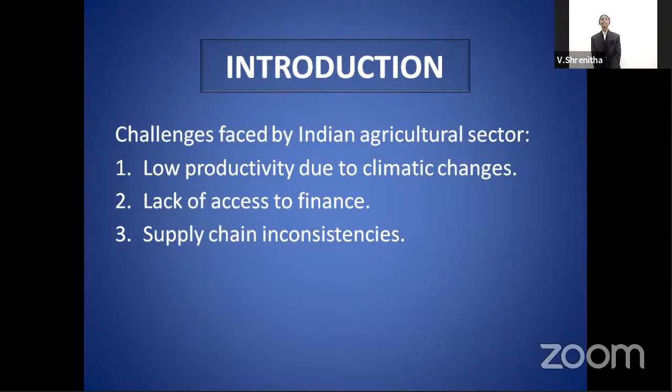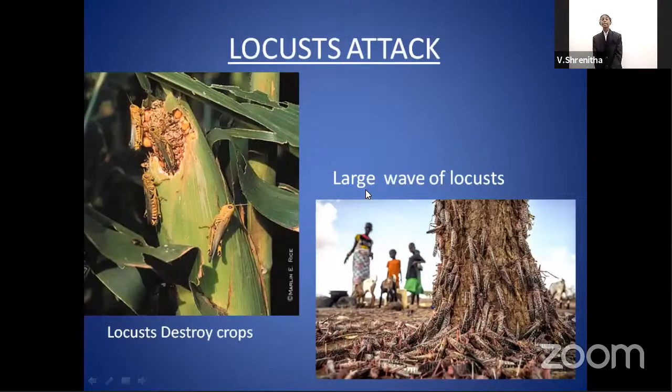The first one is due to climatic change. We all know that climatic change is one of the most threatening damages, which causes soil erosion and soil degradation. Not only that, it also increases the survival of pests such as locusts. As we saw in December 2019, it is considered one of the worst attacks in the last 25 years, which damaged around 25,000 hectares of land, a very, very bad one.